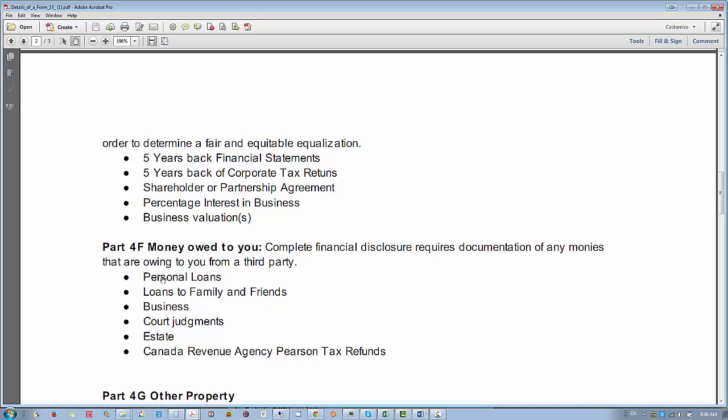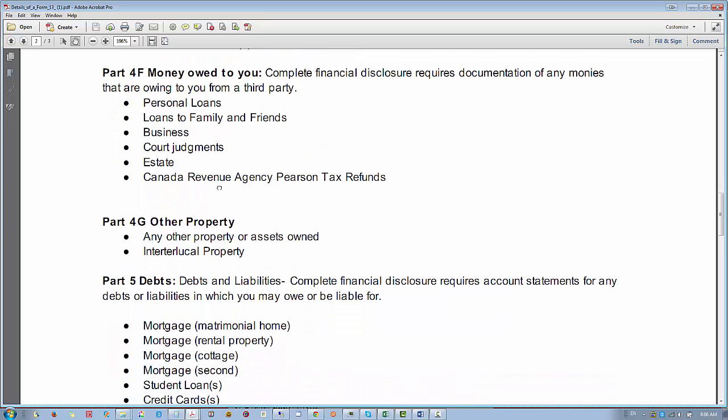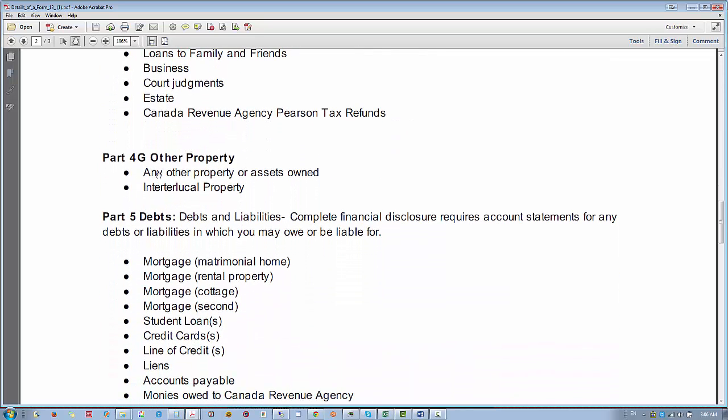This could be from personal loans, loans to family, businesses, court judgments, estates, and Canada Revenue Agency tax refunds. Other property would be intellectual property, could be restricted share units, could be stock options.